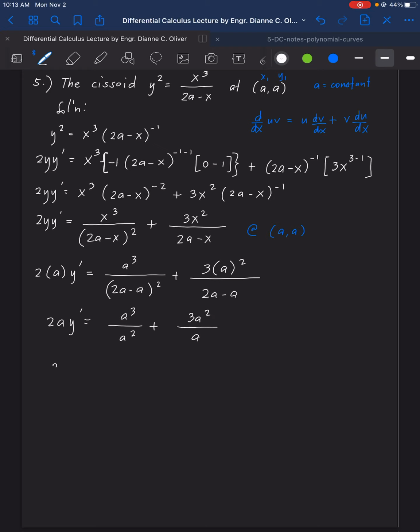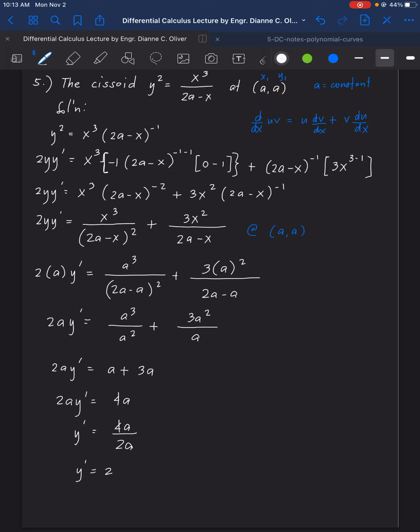Simplify. So a raised to 3 divided by a squared is a, plus 3a squared divided by a, that is 3a. 2a y prime equals 4a. y prime is equal to 4a over 2a. y prime is now equal to 2.